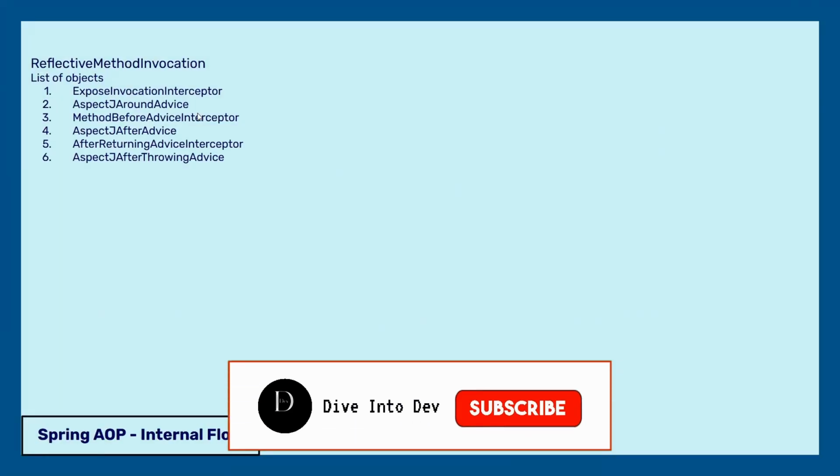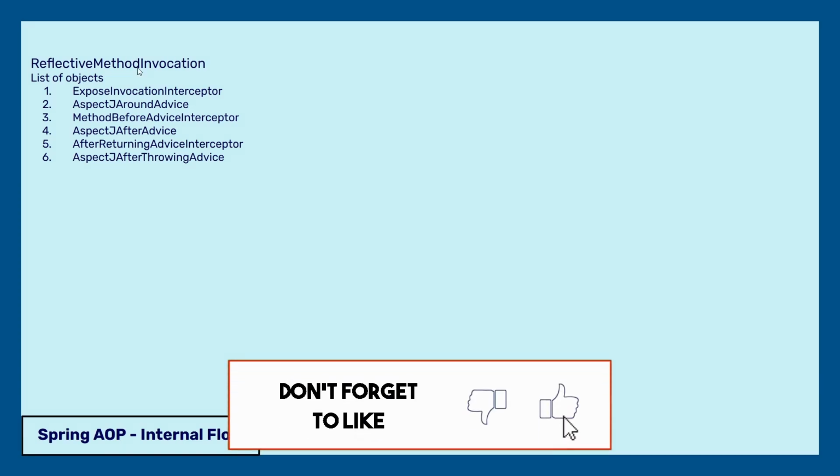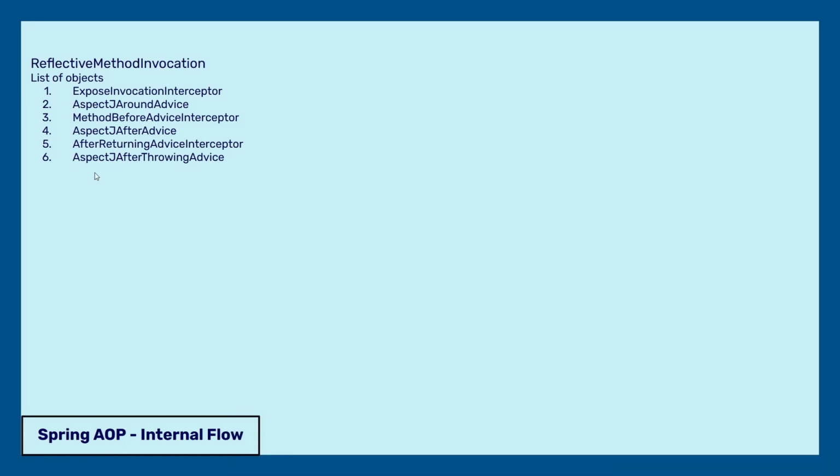There is a class called ReflectiveMethodInvocation, and this class uses these 6 objects. There is a method called proceed, and that method iterates from this list of objects, and these classes implement MethodInterceptor.